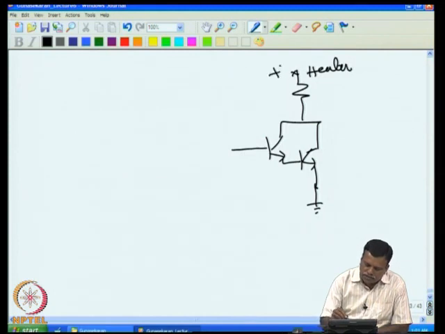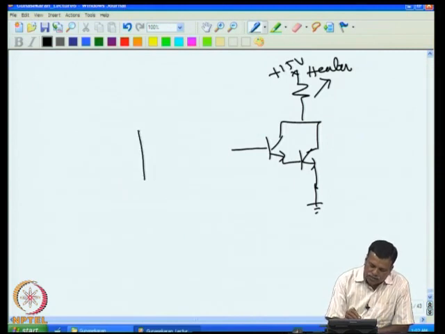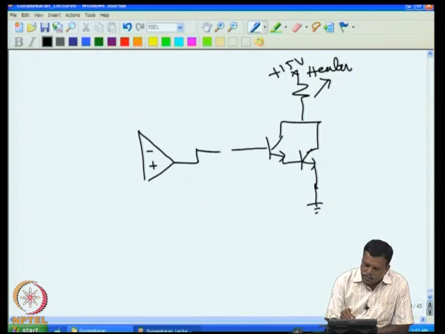Sorry, plus 15 volt, and this is the heater, and this is our output driver, and the output of that is given to this, of course, with the series resistance.